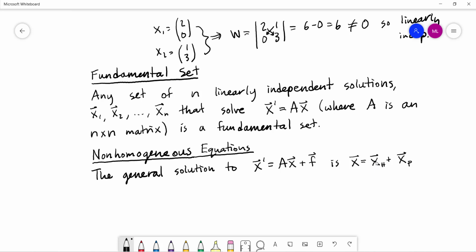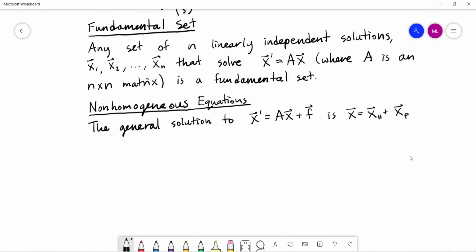So this is going to be like c1 x1 plus c2 x2. And then the particular solution can be found basically in the same manner that we've done in the past. So we're going to have method of undetermined coefficients and variation of parameters. They'll just take a slightly different form because we're dealing with systems now instead.